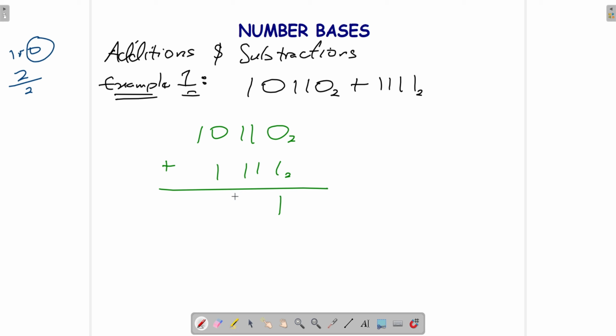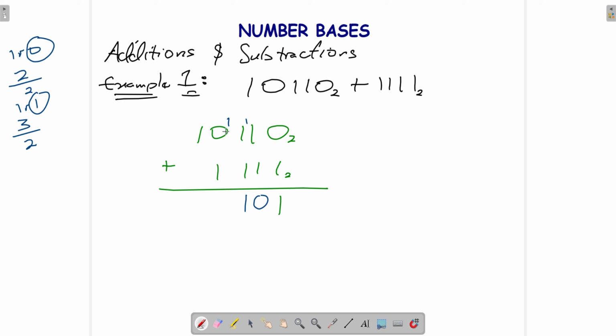I write the 0 and I add this 1 to the next line. But I add 1 there, so I've got 1 plus 1 plus 1, that's 3. 3 cannot appear in base 2, so I say 3 divided by 2, that's 1, remainder 1. I write the remainder 1 and I add this 1 to the next line.